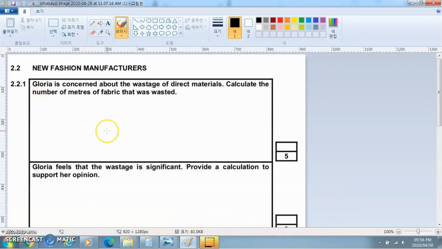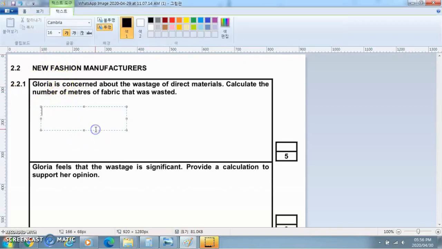So for us to be able to calculate the wastage here, you need to remember how we can work it out. We have the used material versus what should have been used, right? Okay, I'm just gonna do it differently.